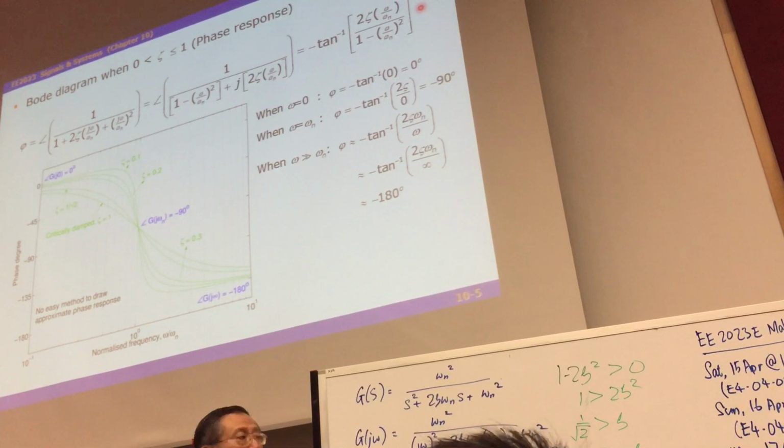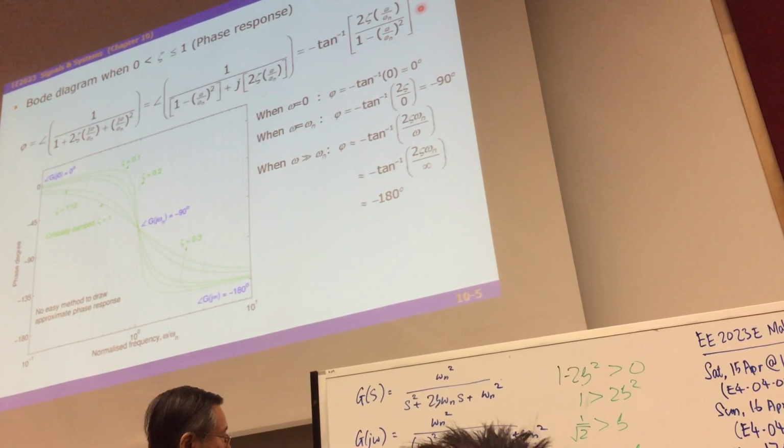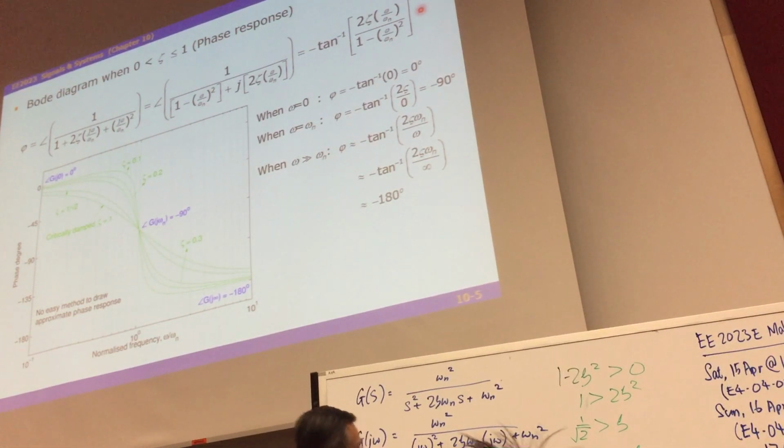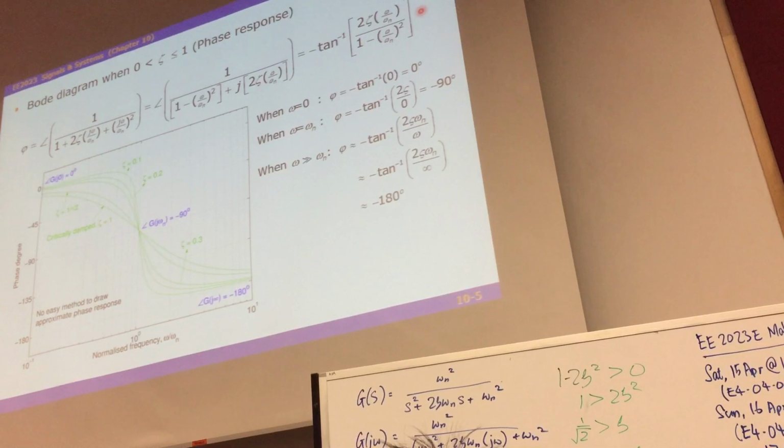Arctangent B over A. So minus arctangent of B over A. Okay, so I will erase this part.